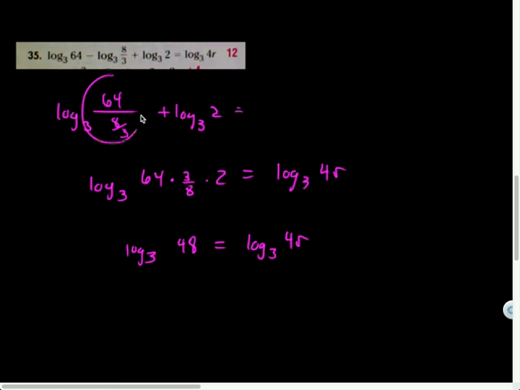So that had a little bit of a stack rack situation almost. And now I've got two logs equal to each other. Their base is the same, so therefore their insides are identical as well.